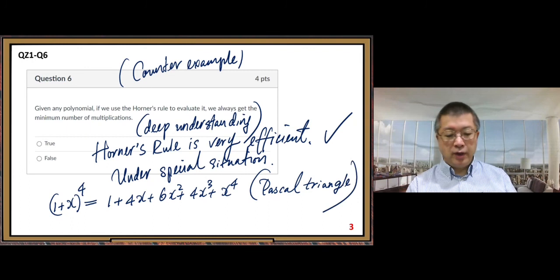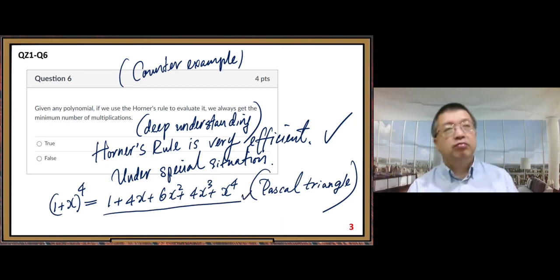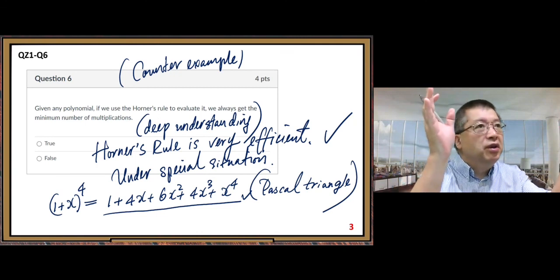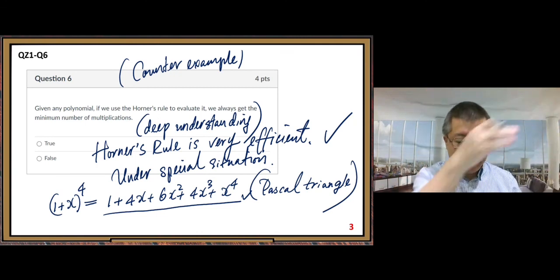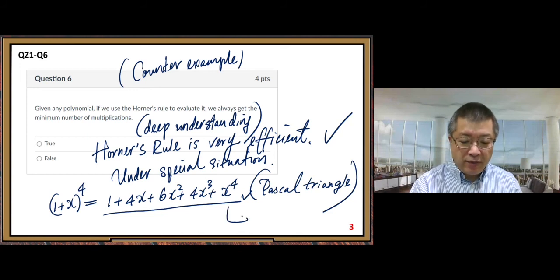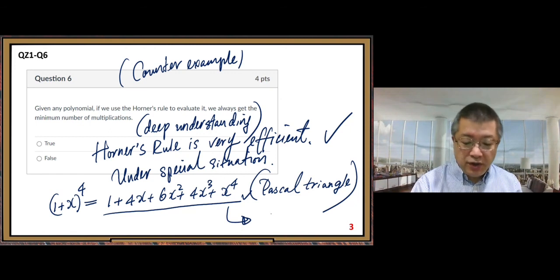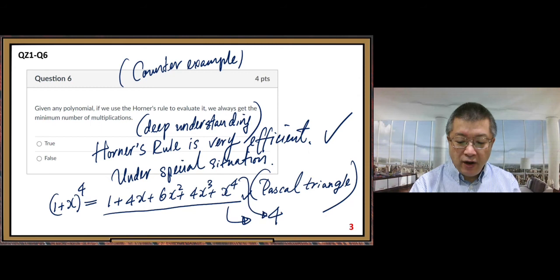So I assume you know that. Suppose I give you this polynomial. I ask you to apply Horner's rule to calculate this polynomial, and based on our result, you need 4 multiplications.